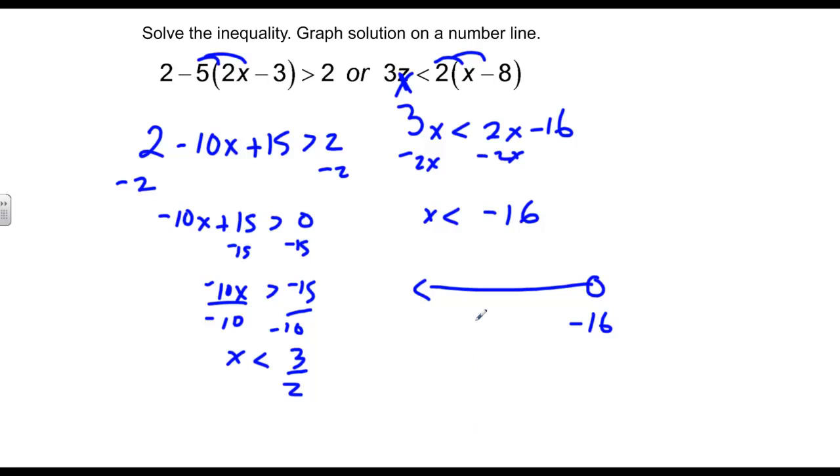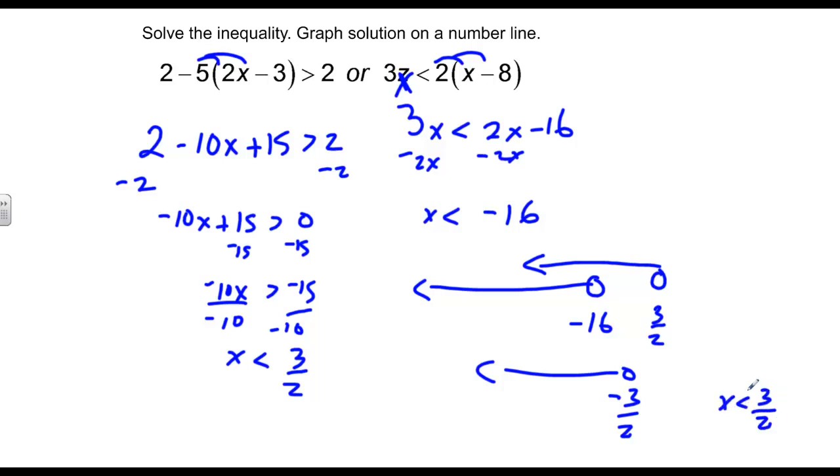Moving to the left, I have positive 3 halves. Moving to the left, I'm not looking for the overlap or the intersection. I'm looking for everything that I see, and I see everything from 3 halves to negative infinity. So my answer is x is less than 3 halves.